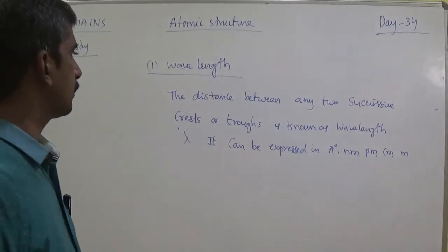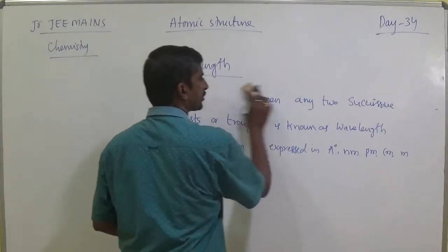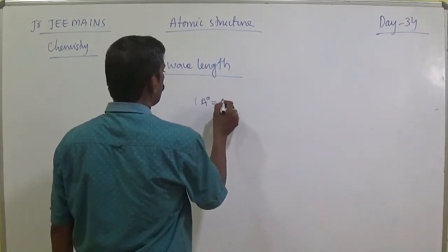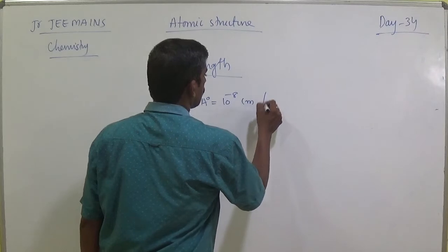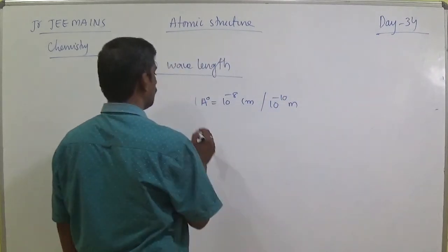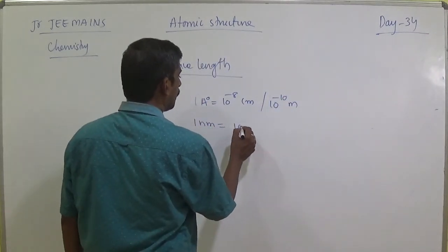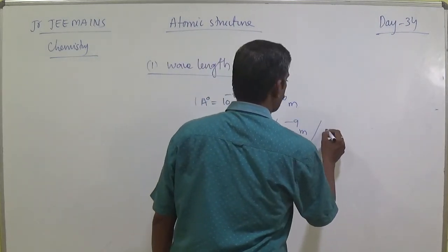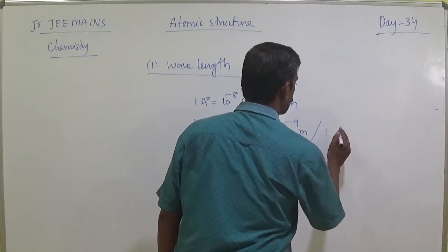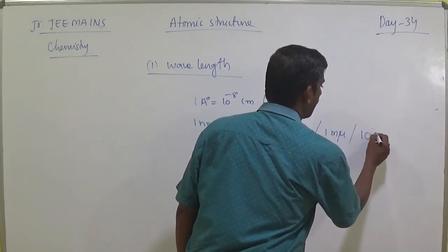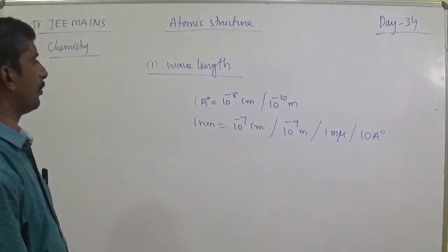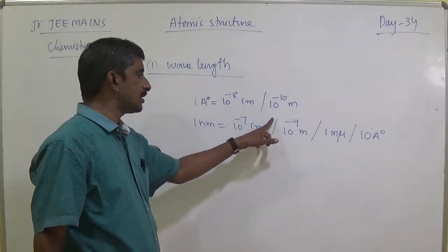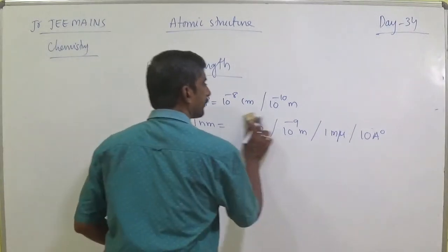Generally, 1 angstrom unit is equal to 10 to the power of minus 8 centimeters or 10 to the power of minus 10 meters. 1 nanometer equals 10 to the power of minus 7 centimeters or 10 to the power of minus 9 meters, or 1 millimicron.